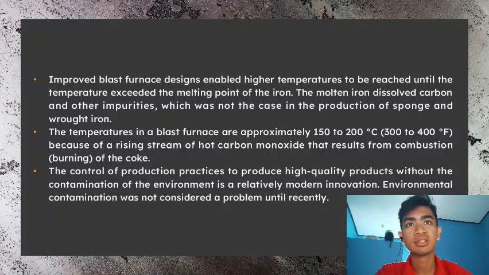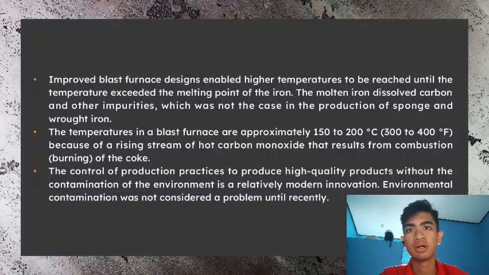The raw materials used in the production of pig iron were also different from those used for wrought iron. Instead of iron ore and wood, iron ore, coke, and a flux, limestone, were used. The limestone aided in the formation of slag that floated on top of the iron and removed impurities from the molten iron.